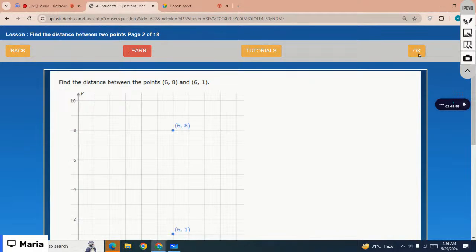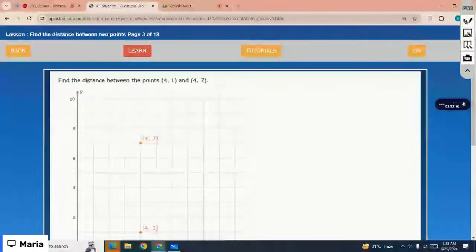Find the distance between the points (4, 7) and (4, 1). Which is the correct option?